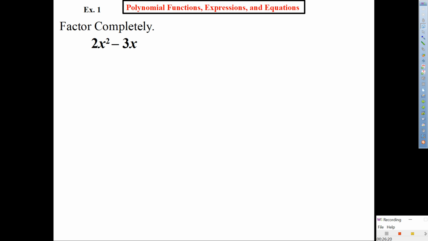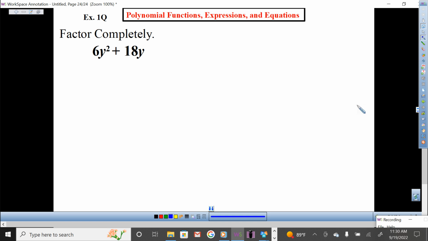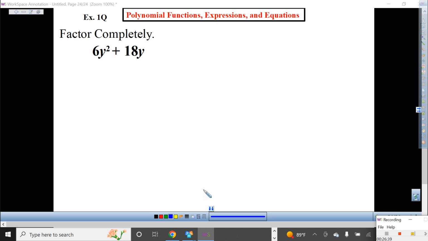Example, let's make this one a different one. Example 1: 6y squared plus 18y. Factor completely, please. Copy and go. All right. So, what was the GCF, Valente, for these two? 6 for the two numbers.